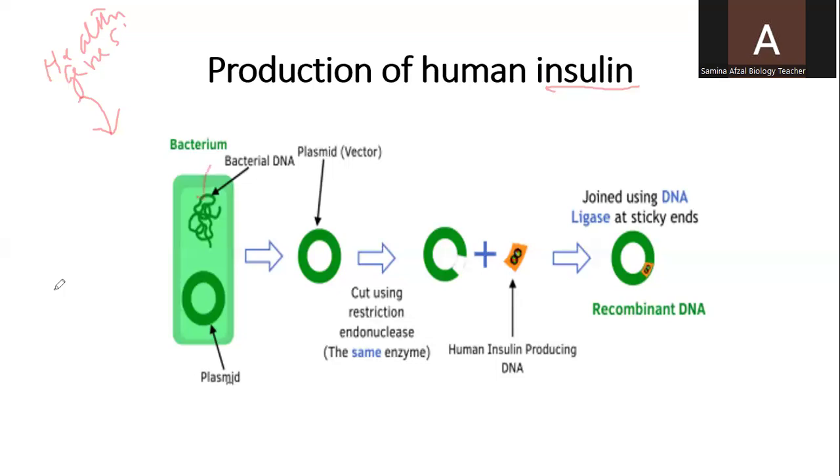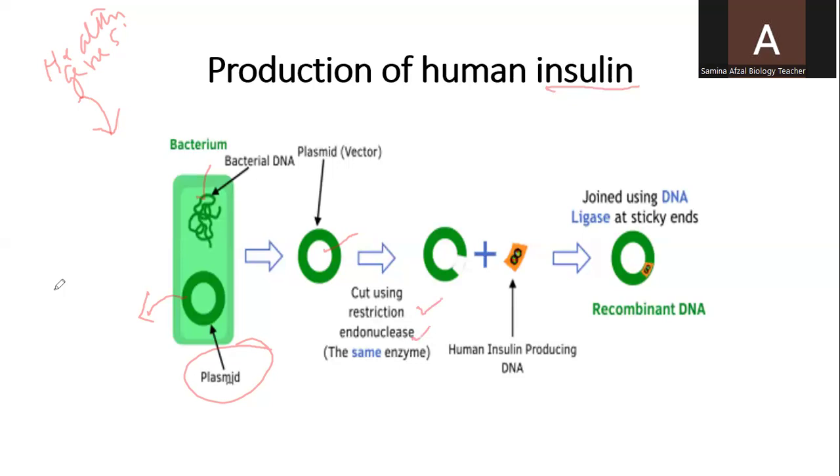One DNA is in the cytoplasm without a nucleus, and the other is an extra circular DNA which is called a plasmid. This plasmid can be separated from the bacteria, and then it can be cut by using a special type of enzyme which is called restriction endonuclease. With the help of this enzyme, it can be cut, and then the genes which have been obtained from the healthy human can be inserted into this plasmid.